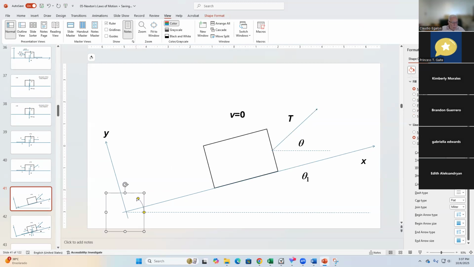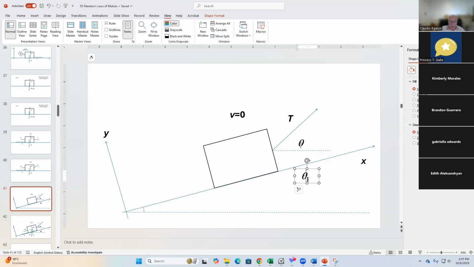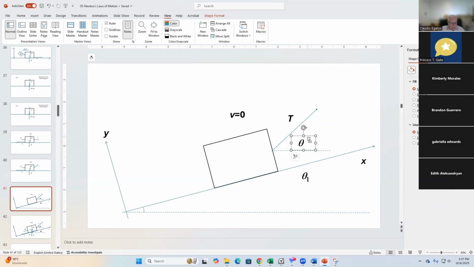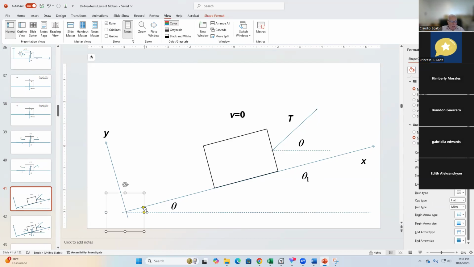Yeah, here you go. And let me name that inclined plane angle theta. And on top of that, we have a tension being applied to the block as well in the uphill direction.